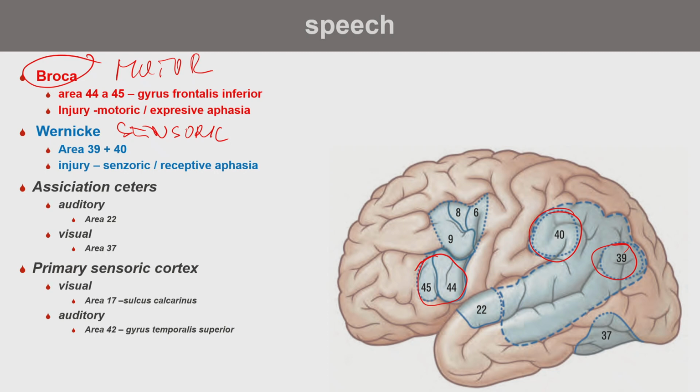The motor speech center is typically in the dominant hemisphere. In a right-handed person, and I'm right-handed, about 90% of my motor speech is in my left hemisphere, not on the right. But there are some situations, because the cortex could have some plasticity.